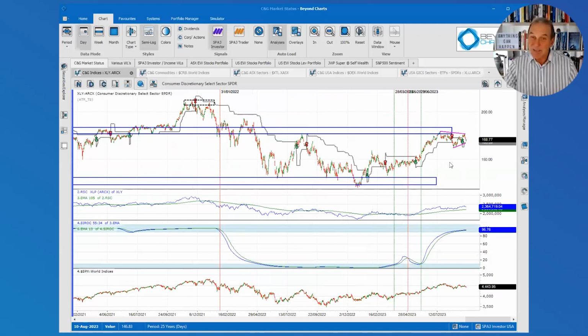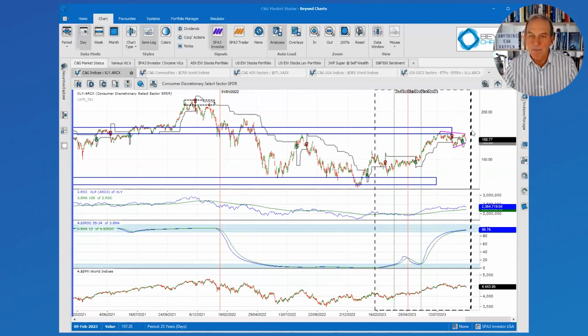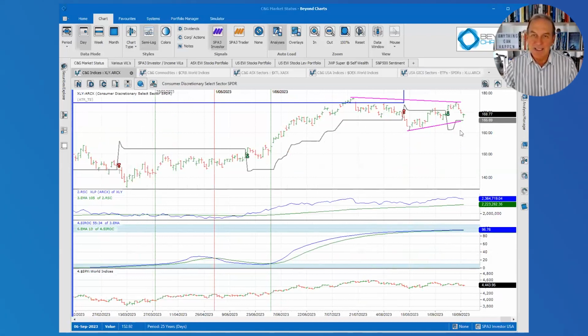On our sentiment indicator, looking at the consumer discretionary versus the consumer staples, a bit of a symmetrical triangle is forming here as well. Just zoom in a bit. What I'm looking at in my analysis here is certainly the buy-sell algorithm, the ATL trailing stop that we have in SPA 3 Investor, an open trade, pretty shallow retracement there.